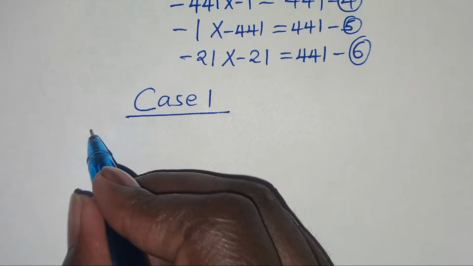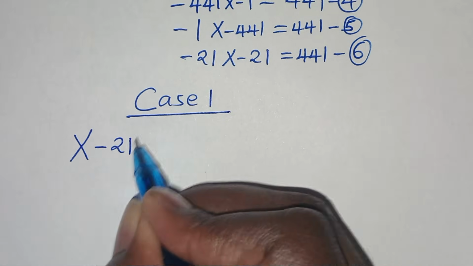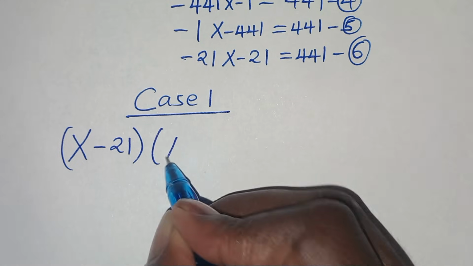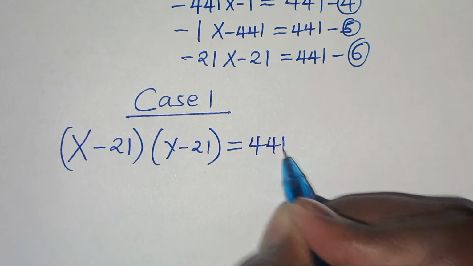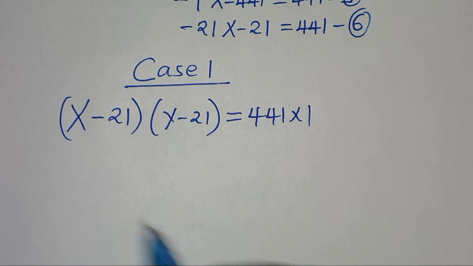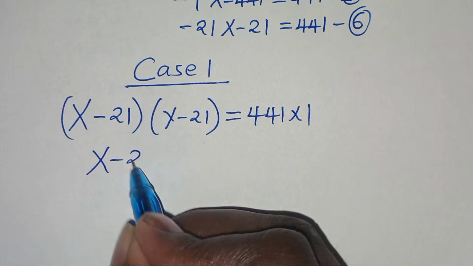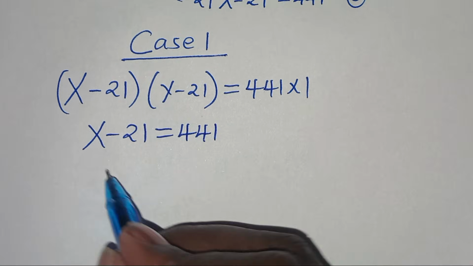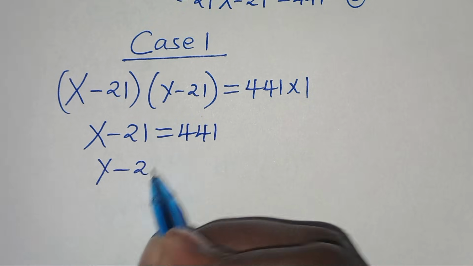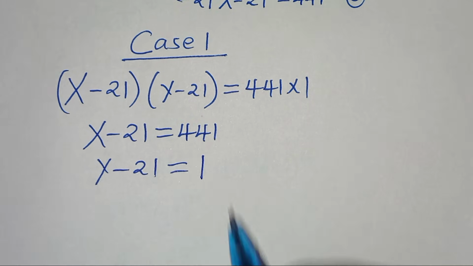So we have x minus 21 times y minus 21 equal to 441 times 1. So we have x minus 21 equal to 441, and y minus 21 equal to 1.